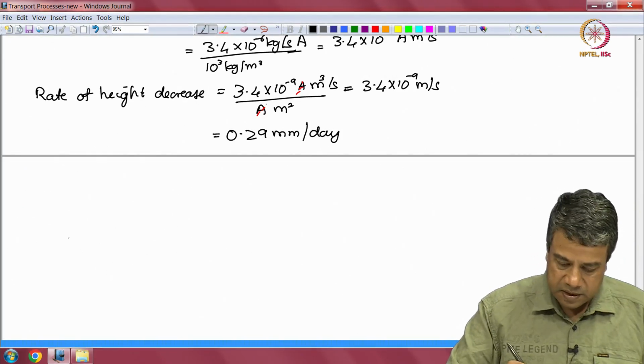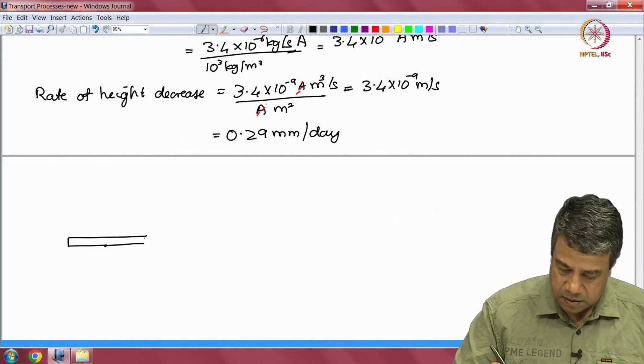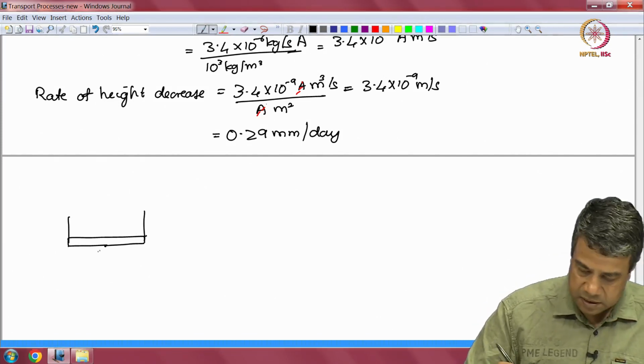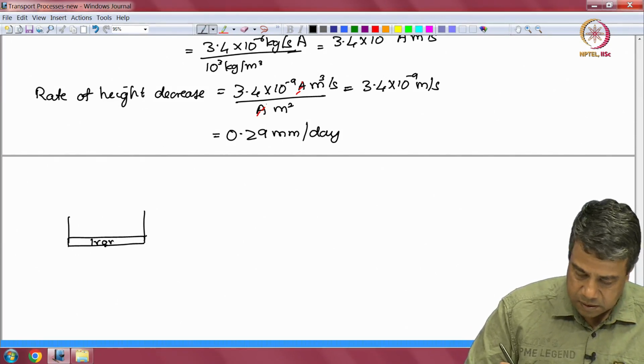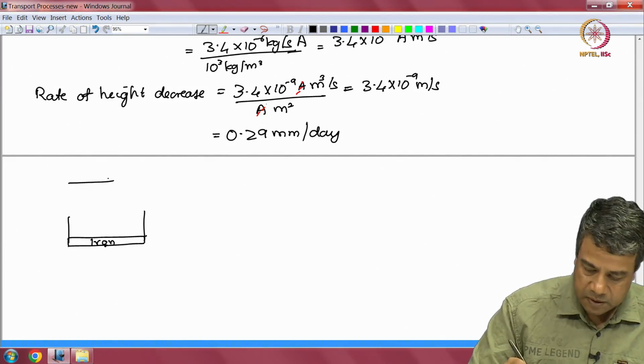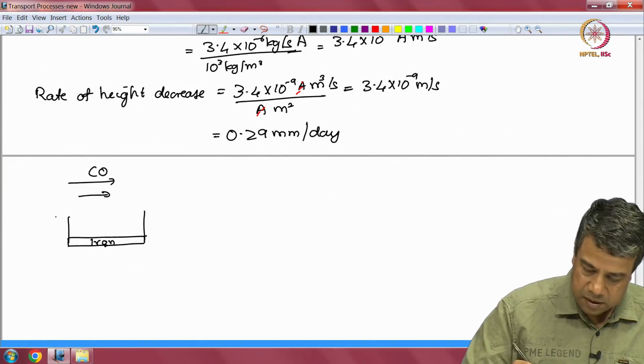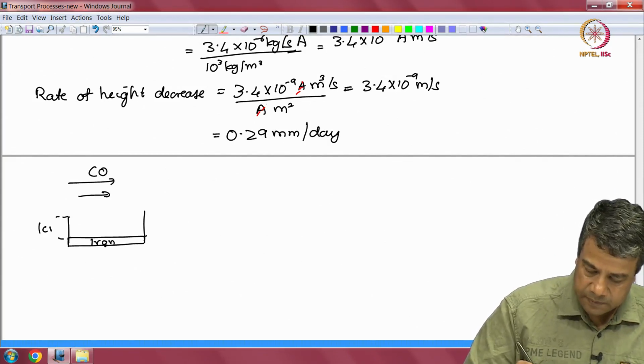This is a process where you have an iron slab. This is iron, and you have carbon monoxide flowing past it. This thickness is 1 centimeter.